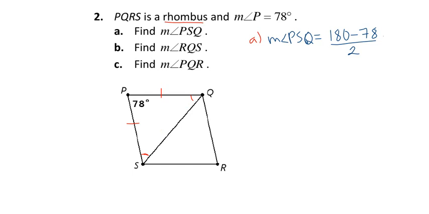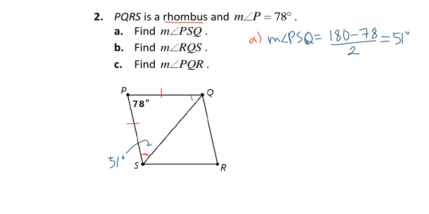So 180 minus 78 divided by 2, it's 51 degrees. So we now have that this angle is 51 degrees.